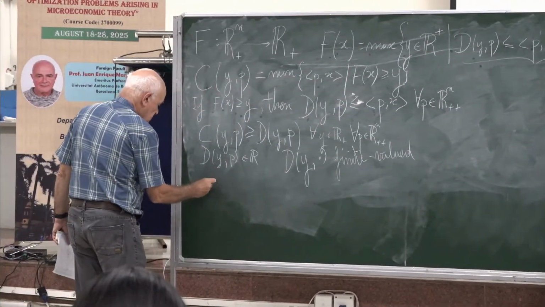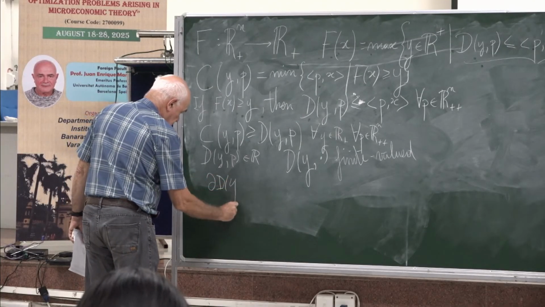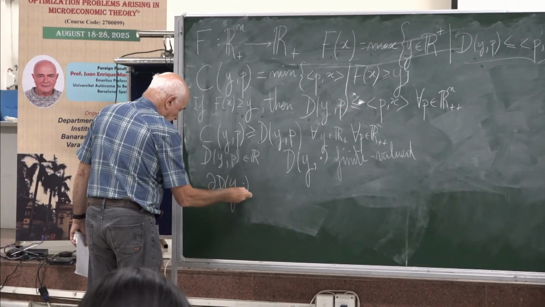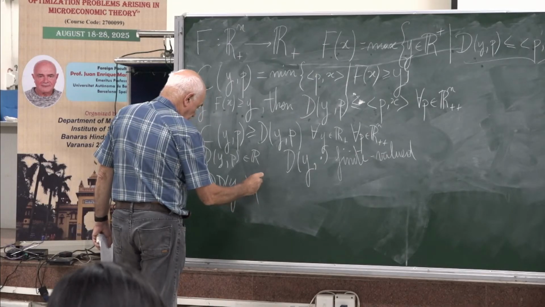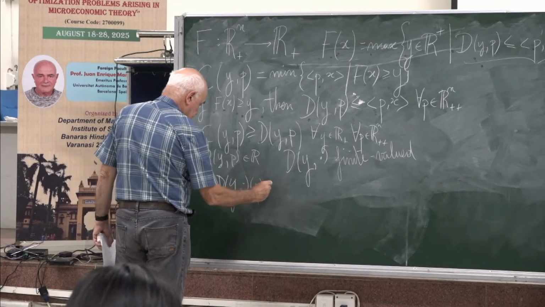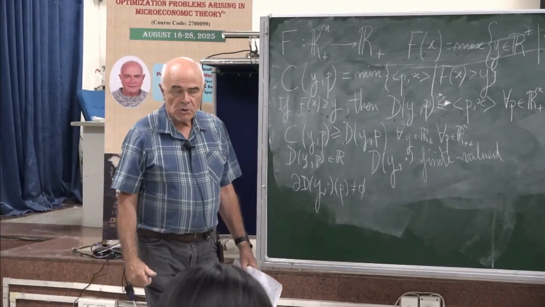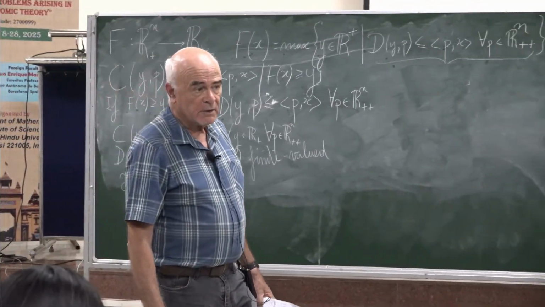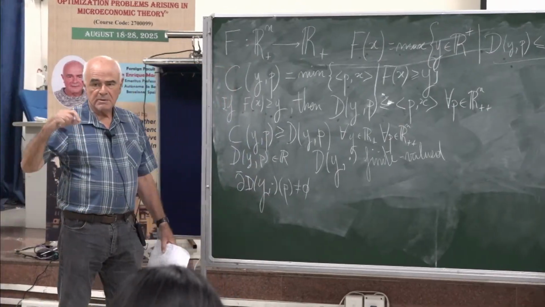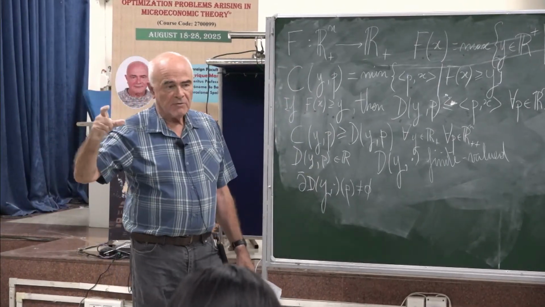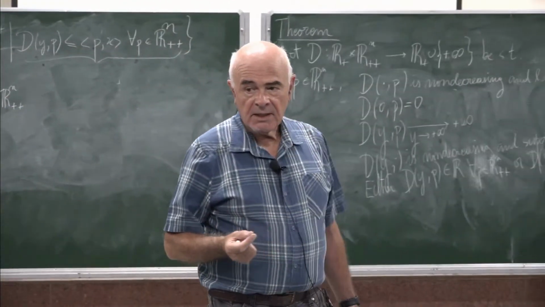So the conclusion is that the superdifferential of this function at P is non-empty. Then we are going to take a point in the superdifferential. Okay? Let's write delta bar to distinguish superdifferential from subdifferential. It is non-empty, so let's take an element here.